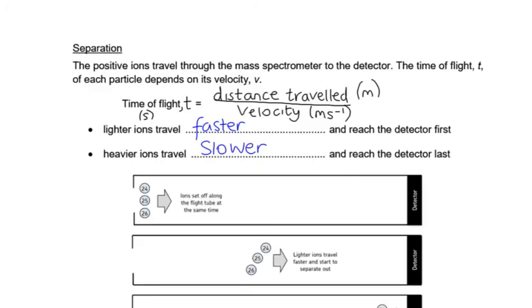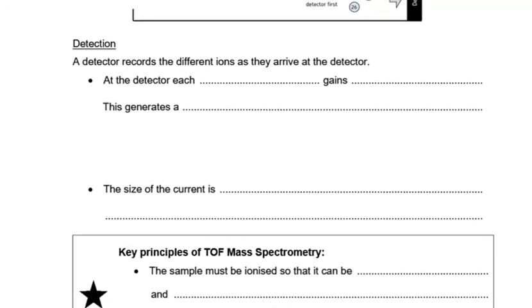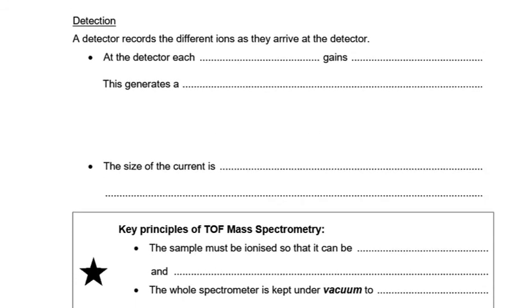So let's just have a look then at what we mean by that. At the detector, it's going to record the different ions as they arrive. At the detector, each positive ion is gaining an electron, and that generates a current.